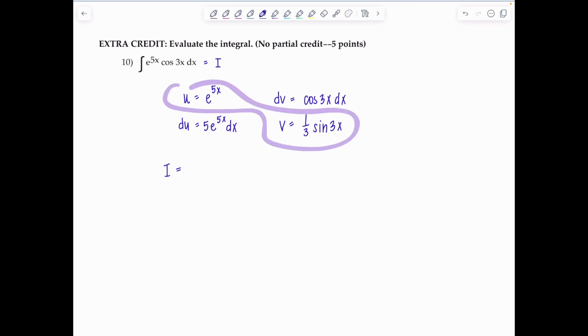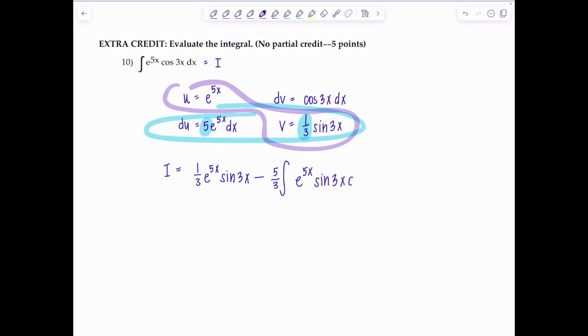I'm going to write that as 1/3 e to the 5x sine 3x minus integral v du. And I'm already going to just take the 5/3 and put it outside. And then I have e to the 5x sine 3x dx.